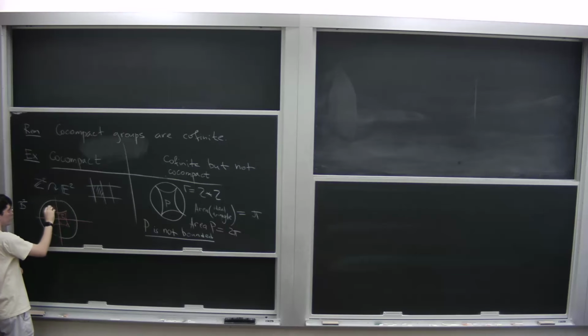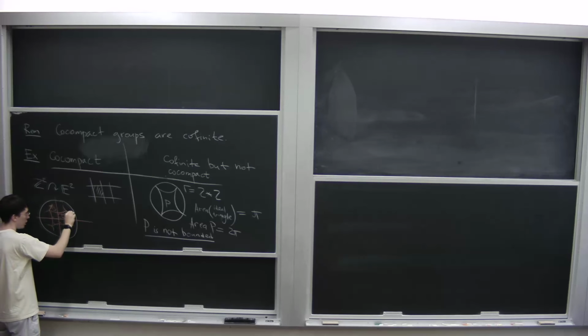One can note that the tiling probably will look like that. So this is pi over 3, pi over 3. And then I am getting here, again, right angles.